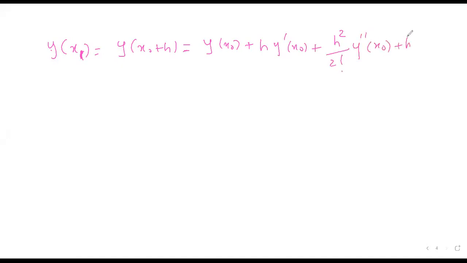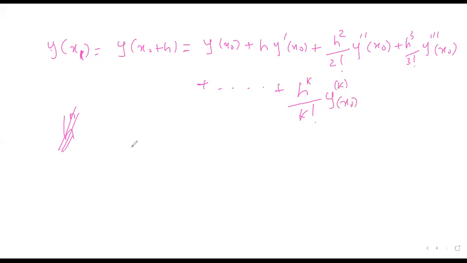What about the third one? h cubed over 3 factorial y triple dash, the third derivative. So it goes up to n, let's say kth term. If you write the n term it will be like this, so to avoid that, they use k. It's not a big problem. So the kth derivative of x naught.